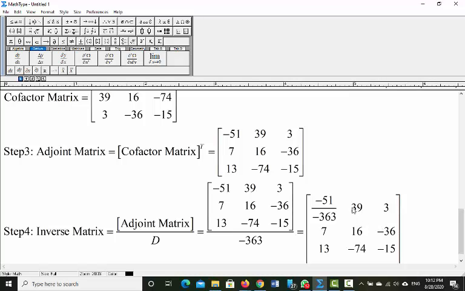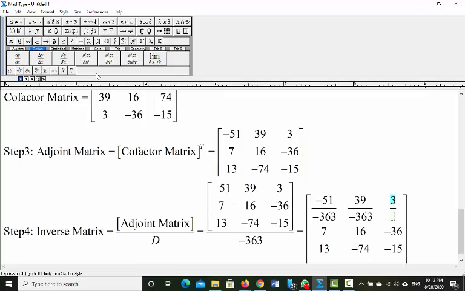Again, all the elements need to be divided by minus 363. In the exam, you don't need to write it like that.